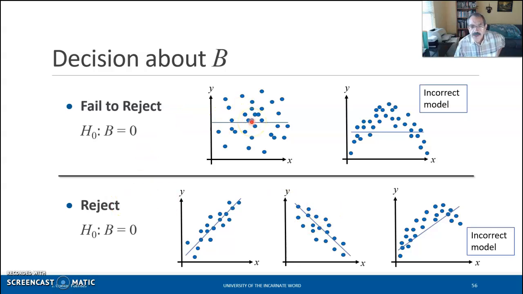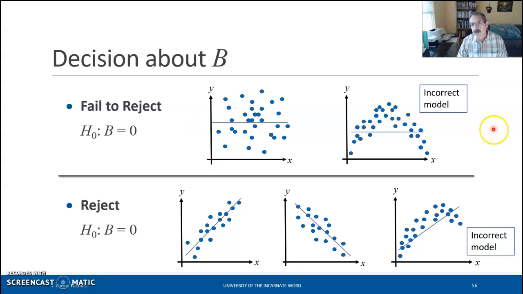And I added these figures to give you an idea of what we're doing when, for example, we fail to reject the hypothesis that the slope is 0. That means that the line is parallel to the x-axis, meaning y does not depend on x.